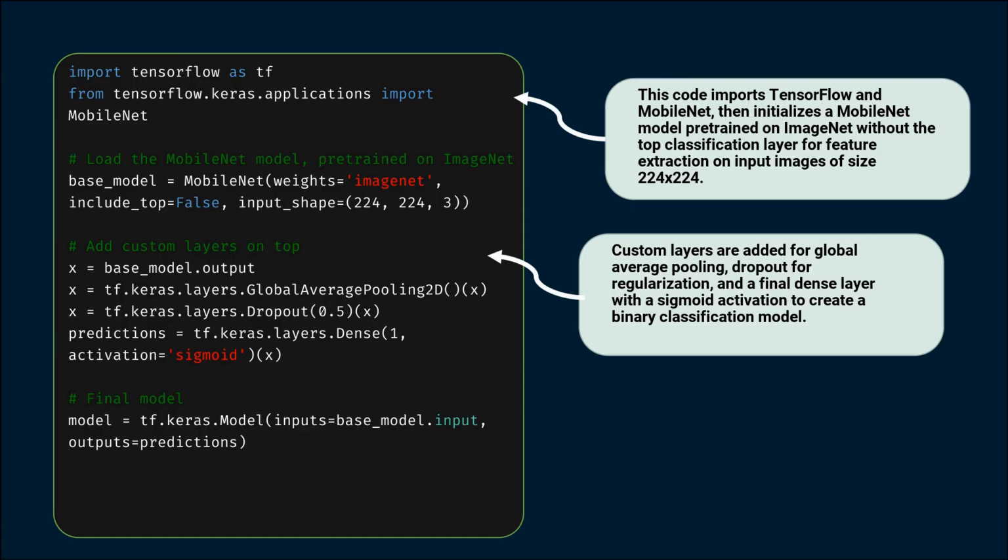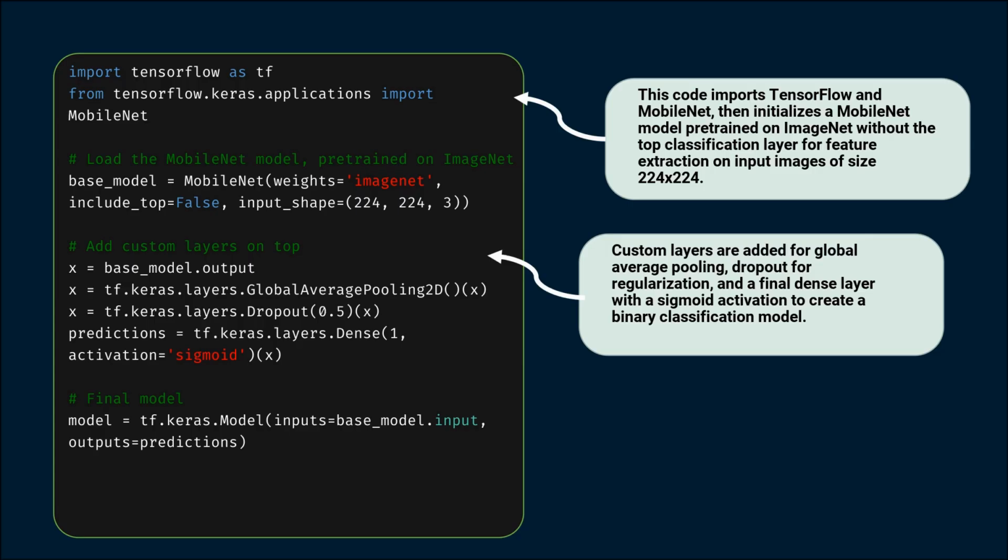Next, we define the input shape as 224, which corresponds to the expected size of the input images. After loading the base model, we obtain its output and proceed to add our custom layers. A global average pooling layer is included to ensure that the model effectively summarizes the spatial features extracted by Mobilenet.